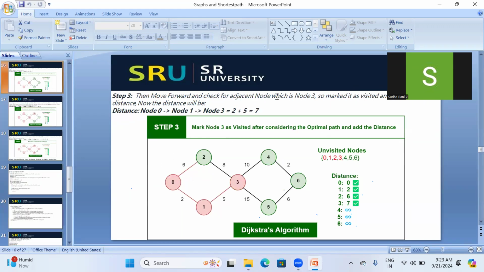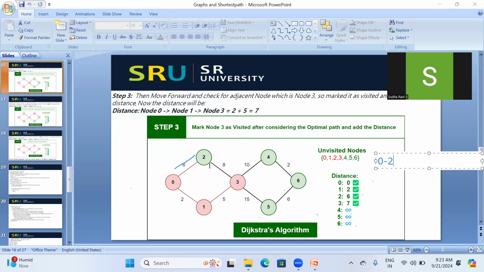Here we are at node 2. Okay, so node 0 to 1 is completed. Now we have to traverse from node 0 to 2. This is our traversing. So now we are traversing from node 0 to 2.